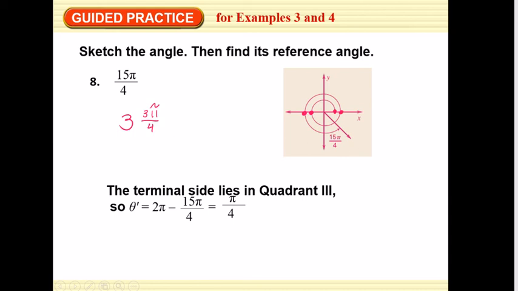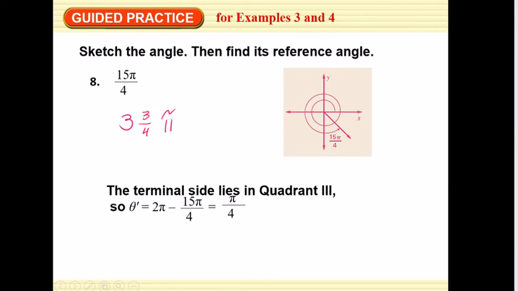All right, so on this guided practice, 15 pi over 4, if I were to write that as a mixed fraction, which is a mixed number, absolutely disgusting, I completely detest this, but it might help you think about it.